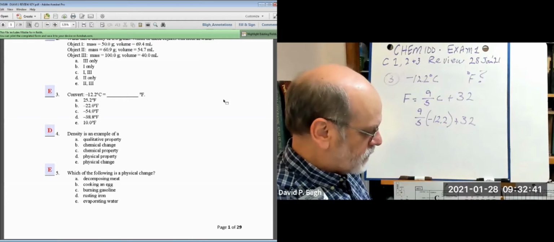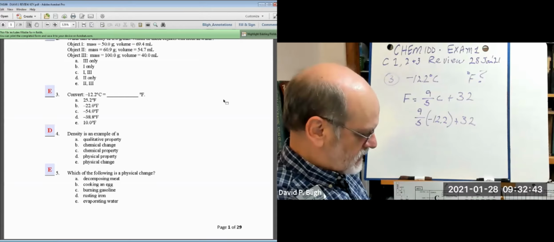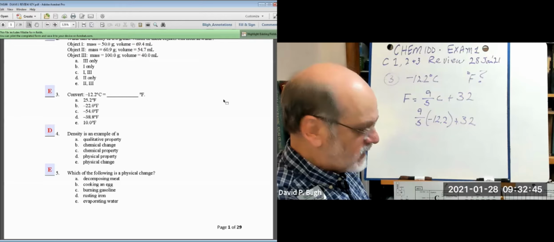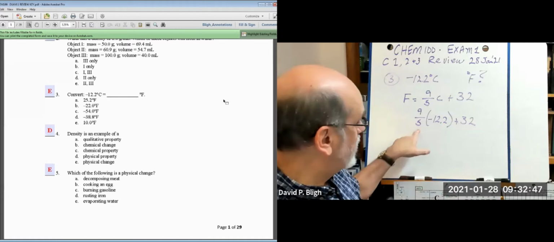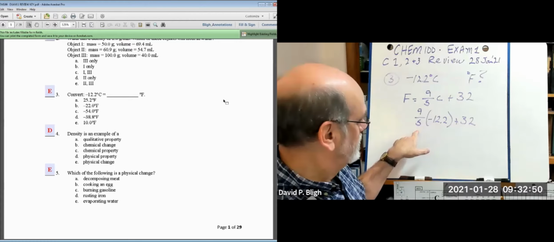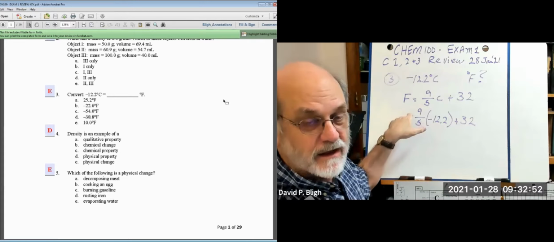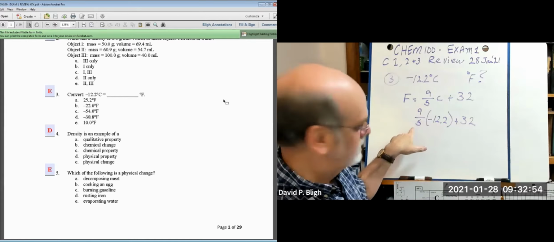So it's 12.2, change the sign, and 9 times 5 divided. Now, the formula may also say 1.8 here. But if you divide 5 into 9, I guarantee you'll get 1.8.